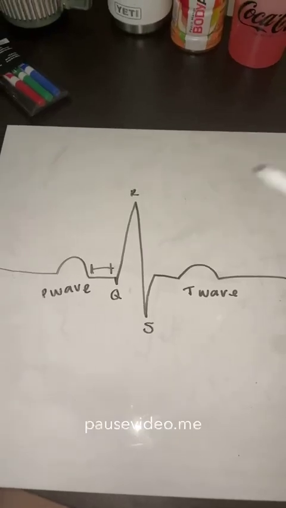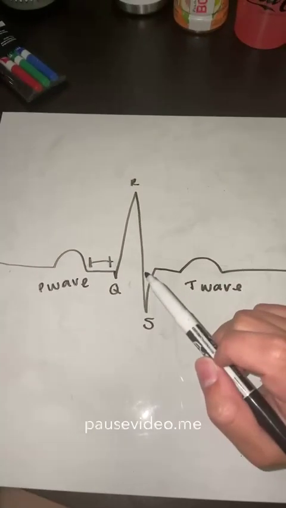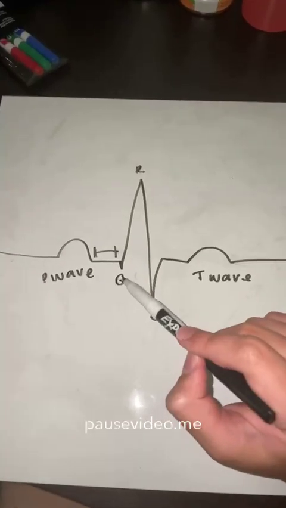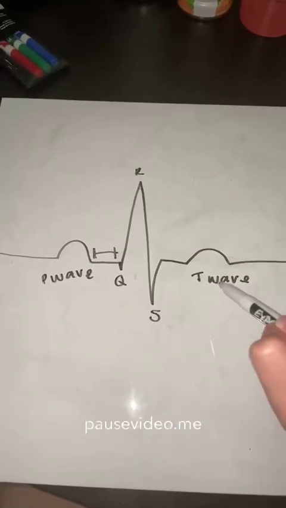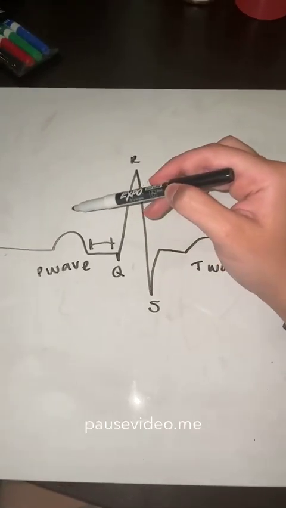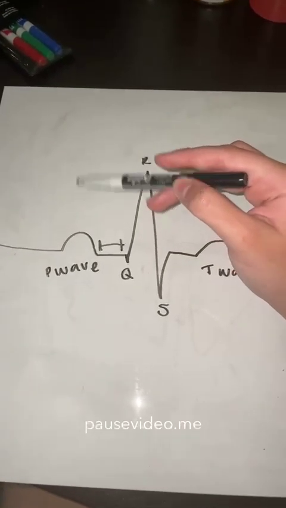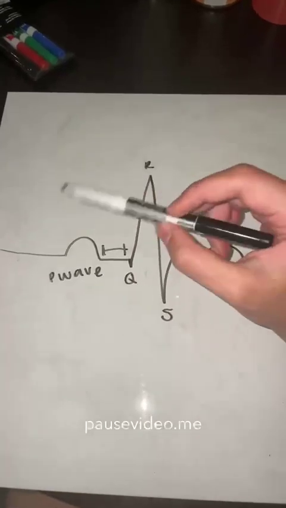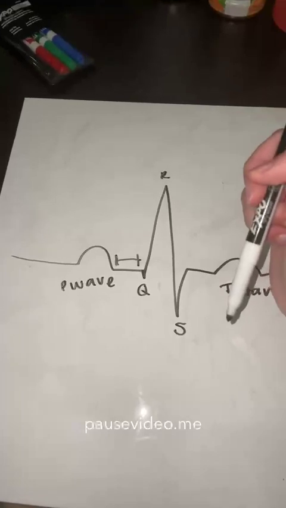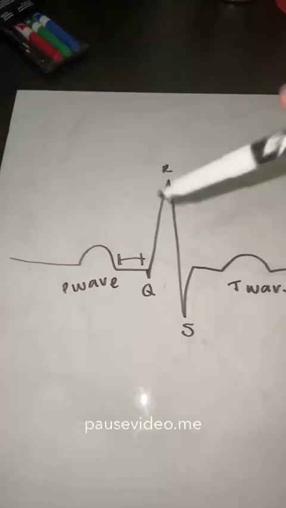Now looking at this, relating it back to an EKG, we can see that we have the P wave here, the QRS complex, and then the T wave over here. So right here, the P wave is known as atrial depolarization. So that's when the SA node sends the signal and the depolarization is sent down through the atrium.